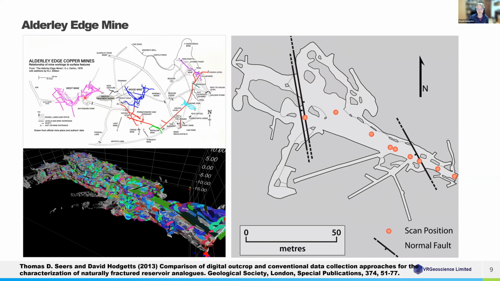So we're in West Mine, and we're just looking at this part of West Mine, a very small part of the whole mine network. Again, this was done with the laser scanner. Very difficult to do photogrammetry in a mine like this because it is completely dark. There is no light in there whatsoever, apart from artificial light that you take with you.